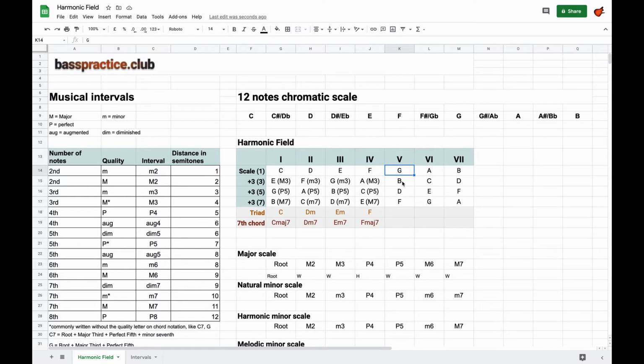So between G and B, how many semitones? 1, 2, 3, 4. 4 we already saw is a major third. From G to D, 1, 2, 3, 4, 5, 6, 7. 7 we already saw, that's a perfect fifth. And from G to F, 1, 2, 3, 4, 5, 6, 7, 8, 9, 10. 10 we have seen here, that's a minor 7.